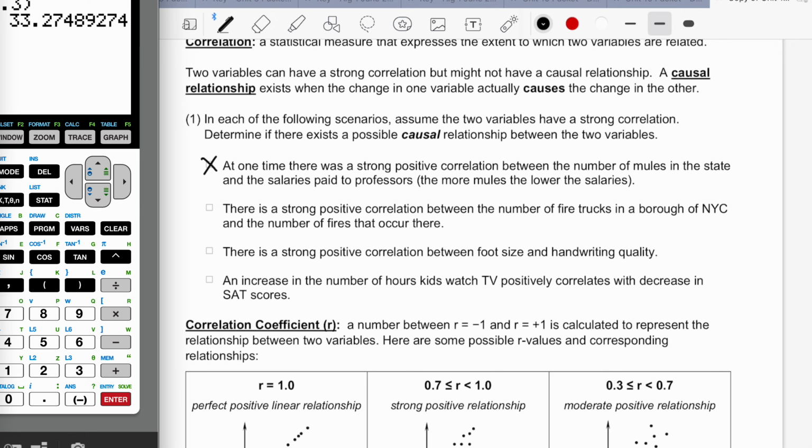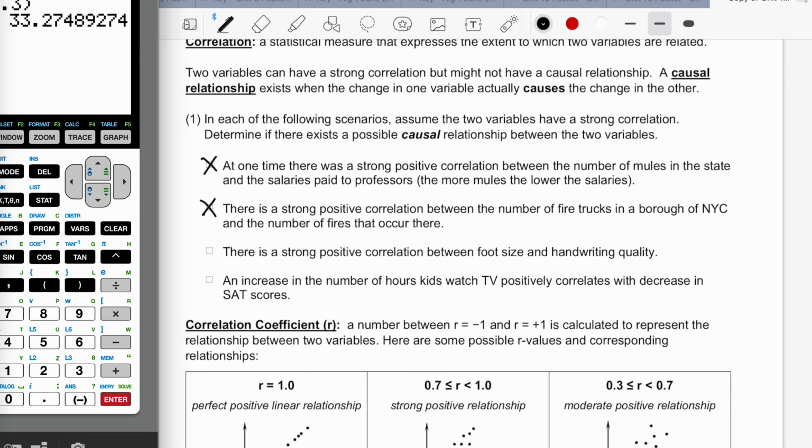Strong positive correlation between the number of fire trucks in a borough of New York City and the number of fires that occur there. That's a tricky one. You could actually go either way with it. I'm going to say no, but you could go either way because you could have what's called a lurking variable. Let's say you're just looking at it simplistically.